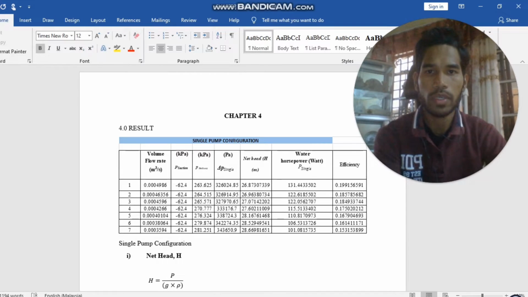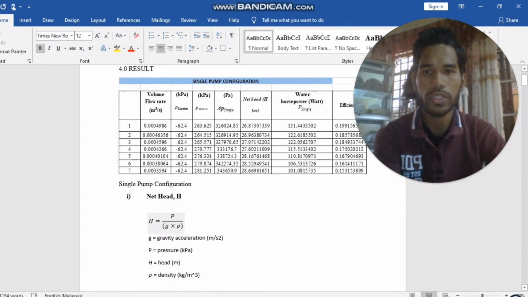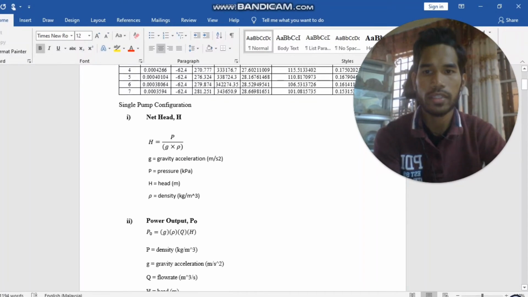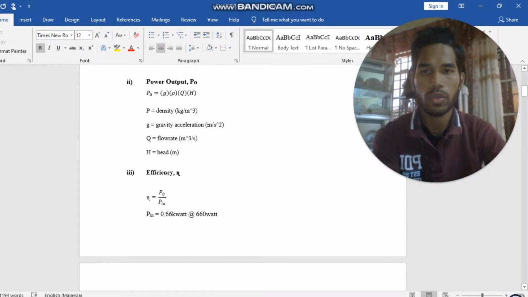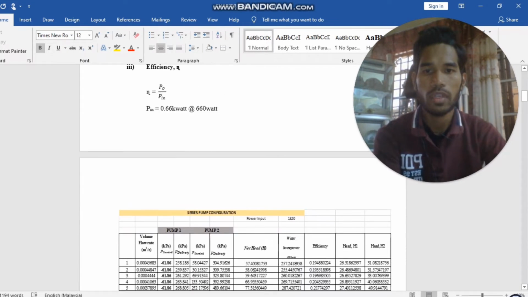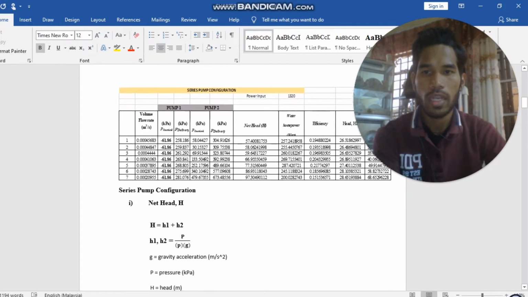Today I want to present about Chapter 4, the results. This is a table for the single pump configuration, and then this is a calculation for the net head, and then this is a calculation for the power output, and then this is a calculation for the efficiency. And then this is a table for the series pump configuration.